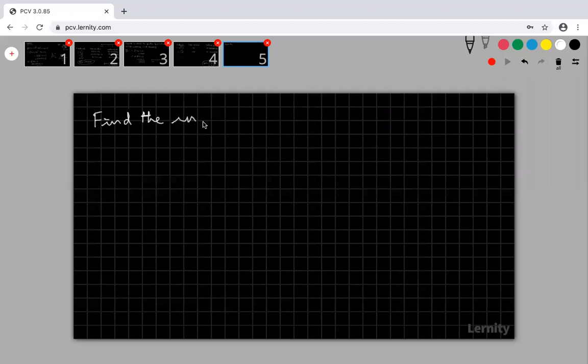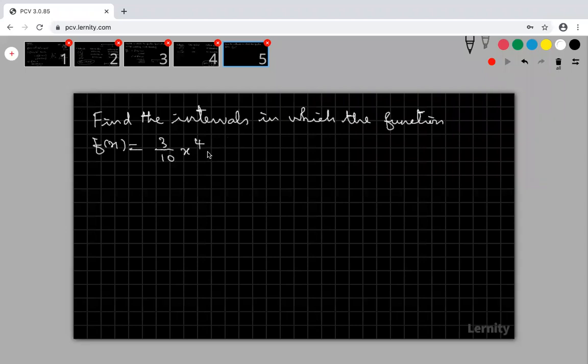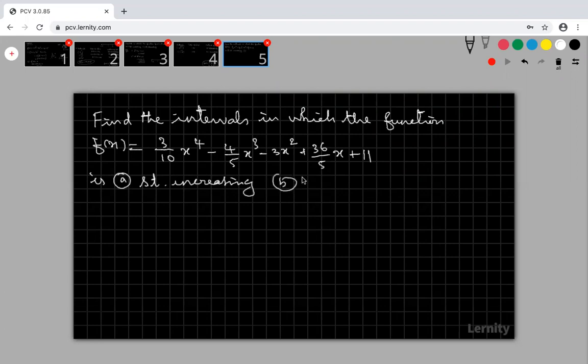Find the intervals in which the function f of x equal to 3 by 10 x power 4 minus 4 by 5 x cube minus 3x square plus 36 by 5 x plus 11 is A strictly increasing, B strictly decreasing.